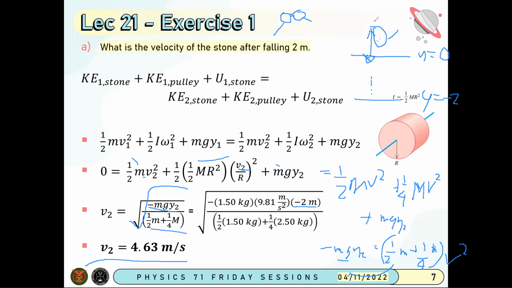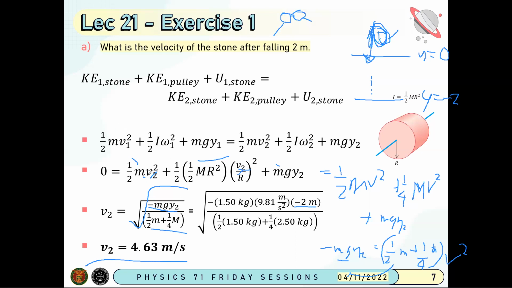Although, hindi literally gumagalaw from its place si cylinder or si pulley. Nagro-rotate lang siya. Pero yung linear velocity nung string na nandun kay pulley ay na-convert into the rotational velocity nung cylinder. That's why we can say that they have the same, quote-unquote, linear velocity.